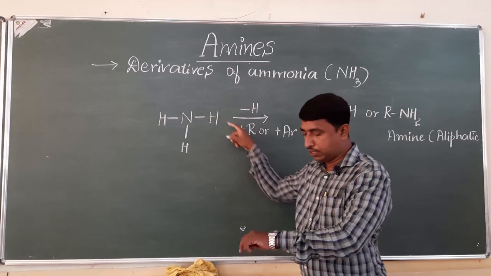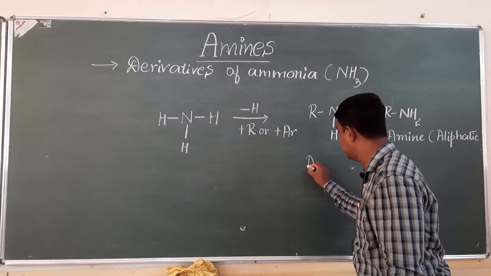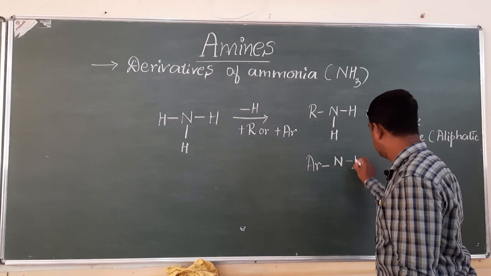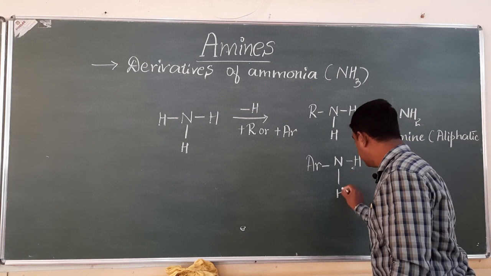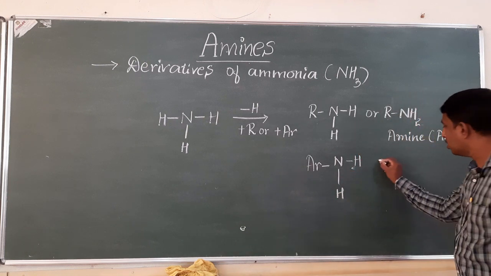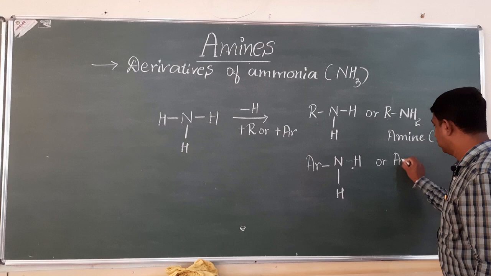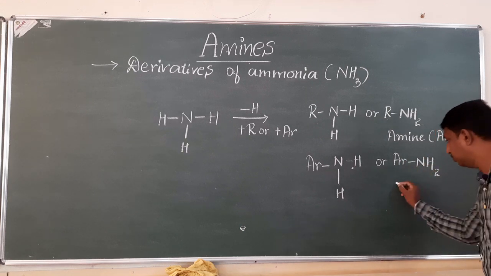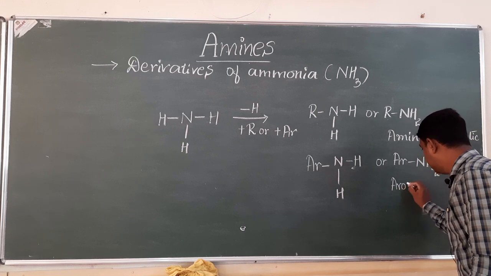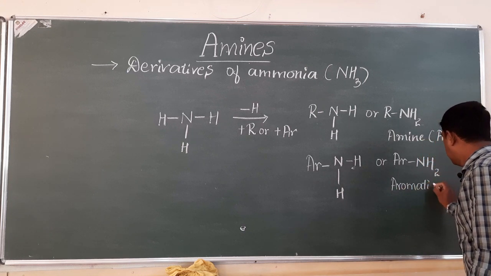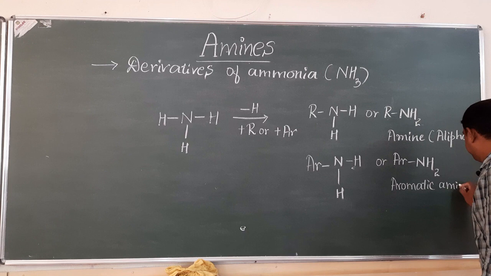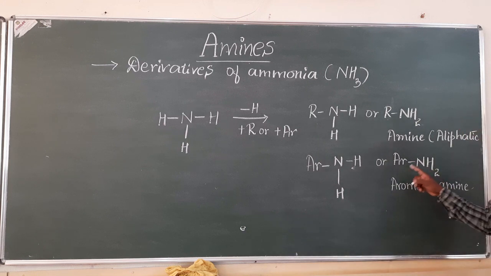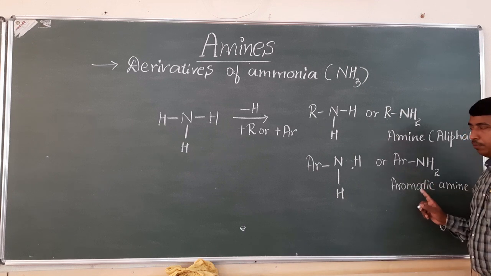In the place of hydrogen, I can write Ar, so this is ArNH2. This is also an amine, but it is an aromatic amine. RNH2 is an aliphatic amine, and ArNH2 is an aromatic amine.